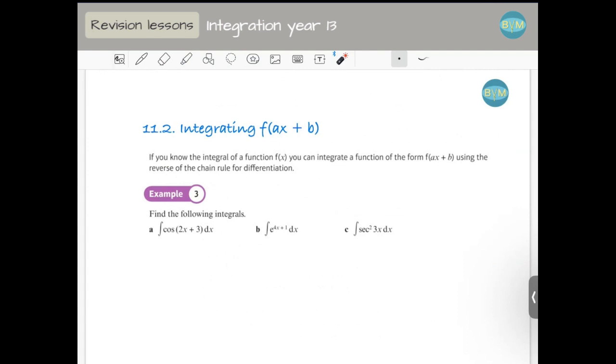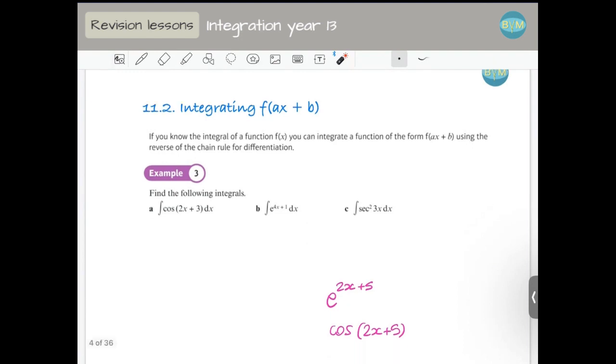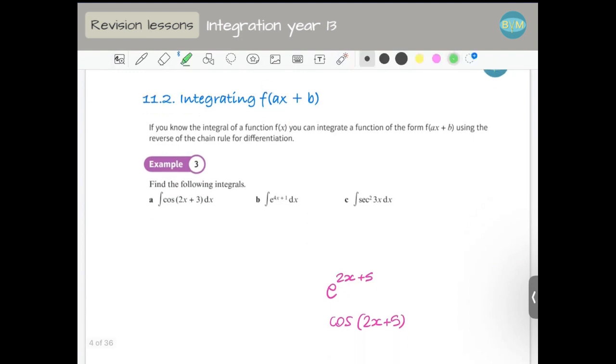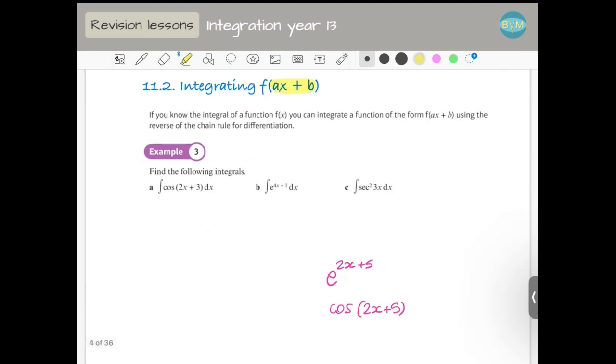So if I have a function of that function, so if I have e to the power of 2x plus 5, or I have cos of 2x plus 5, any of these functions are going to be very easy to integrate, because I'm going to just need to divide by the coefficient or by the derivative of this function. I'm going to show you with examples. Just my important note on this is, remember, when you have this function somewhere, it's going to be usually easy to integrate.